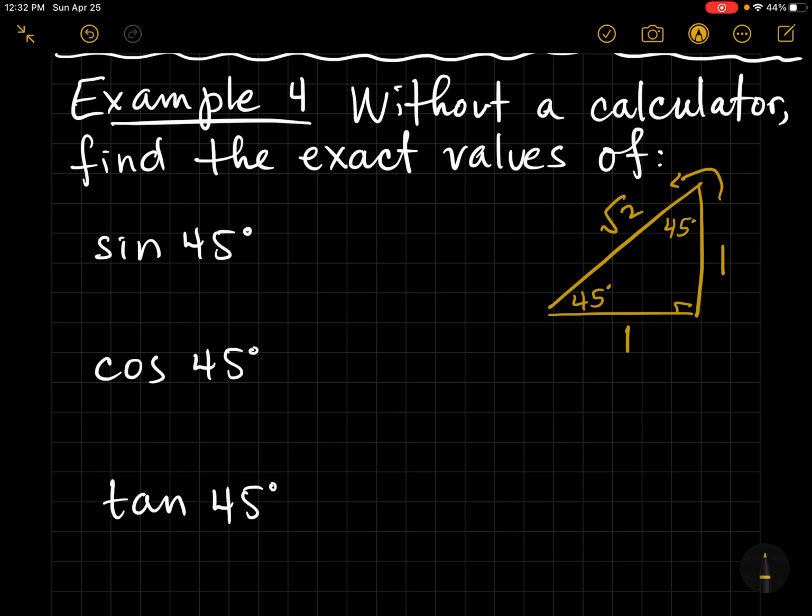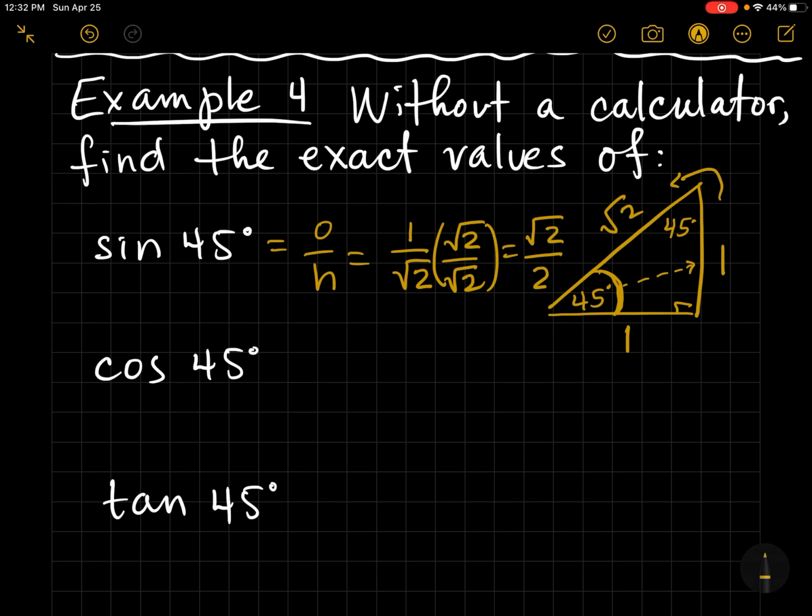So here, I'm going to go to either of the 45-degree angles, and I'm going to go opposite over hypotenuse. From the 45, opposite would be 1. Hypotenuse would be radical 2. Remember, we want to rationalize. So I get the square root of 2 over 2.